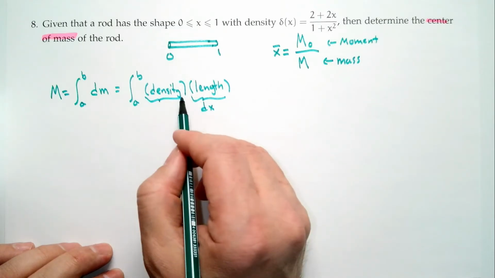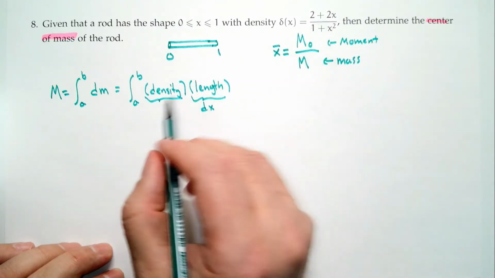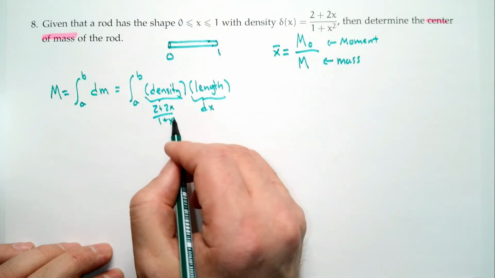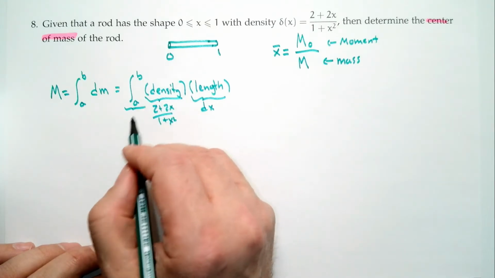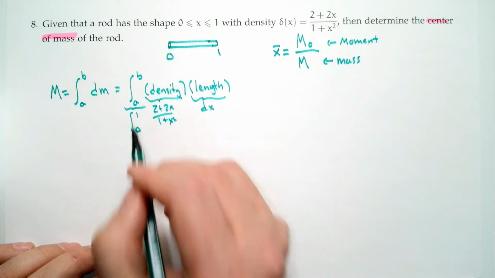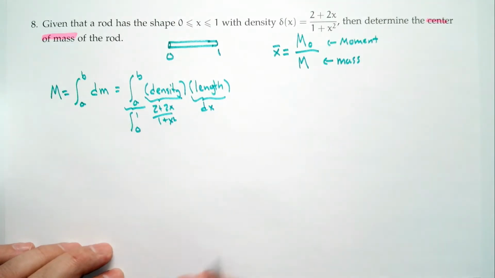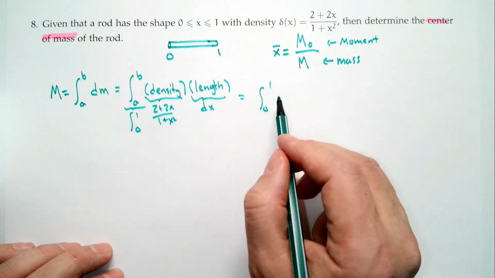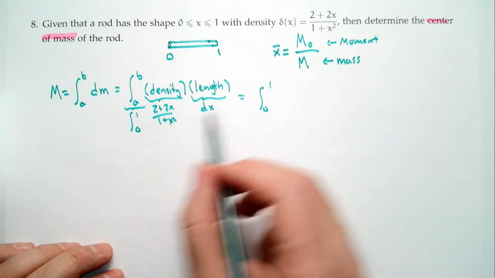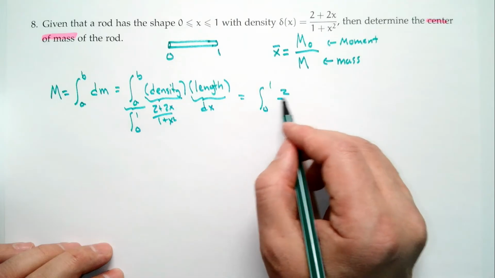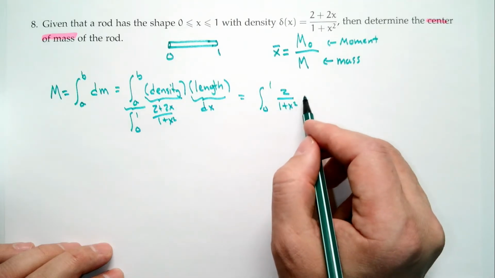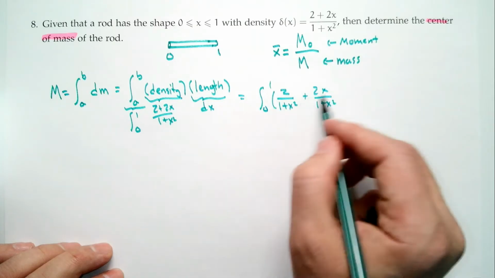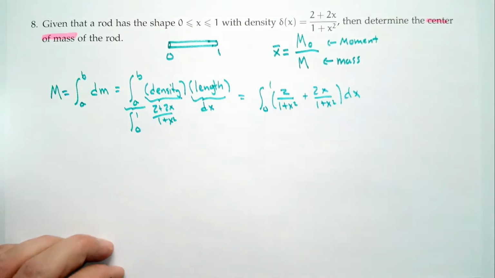Our density is our density function, which is over here: 2 plus 2x over 1 plus x squared. And the integral goes from 0 to 1. So we need to integrate from 0 to 1 of 2 plus 2x over 1 plus x squared, which we can write as 2 over 1 plus x squared plus 2x over 1 plus x squared, dx.